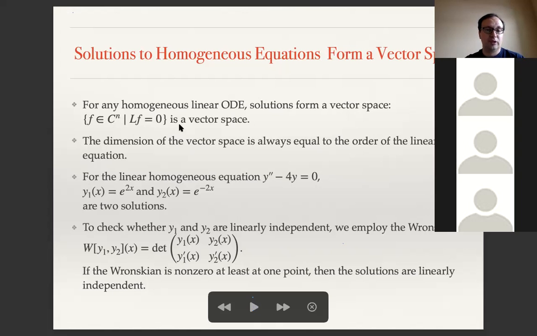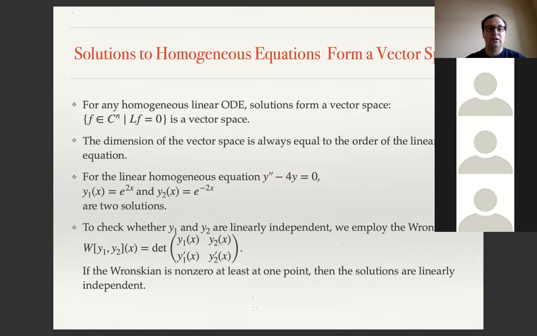And so this is the important property that when the equation is homogeneous, solutions form a vector space, and the dimension of this vector space is equal to the order of the equation. So, for example, this is a second order equation, y double prime minus 4y is equal to 0, and we want to find a basis for the space of solutions.